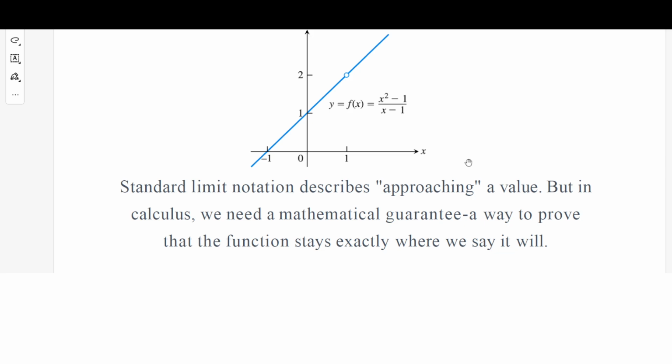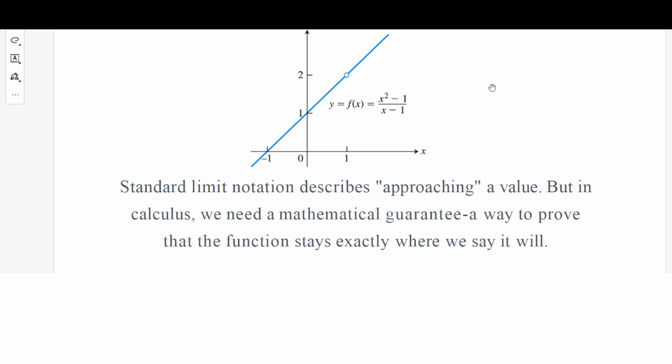So when we started the limit of a function, look at here. What is the limit of this function here? When x approaches 1, the function value is approaching 2. So that approaching value, that's just the intuition we are using by looking at a graph.